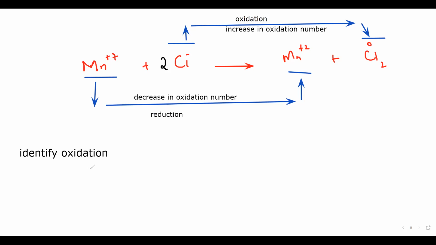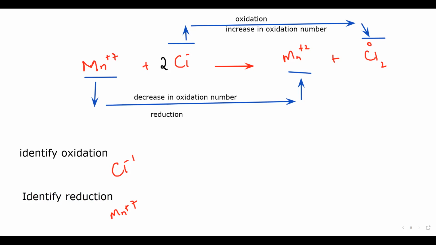So identify the substance for which oxidation happened, that happened for chloride. And identify the substance for which reduction happened. So how can we identify the reduction? Reduction happened for Mn plus 7.